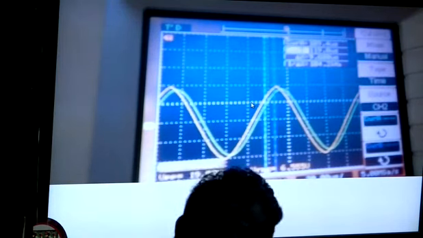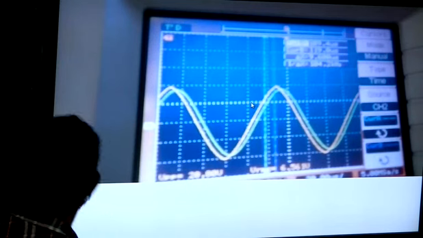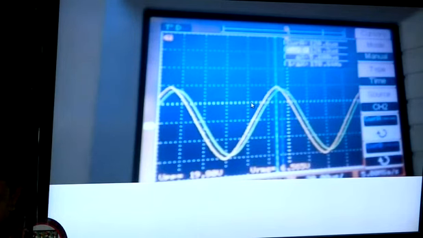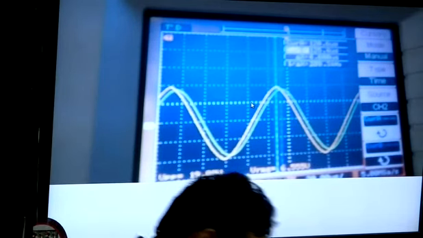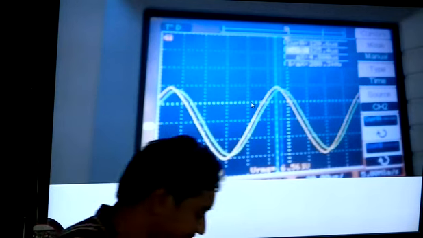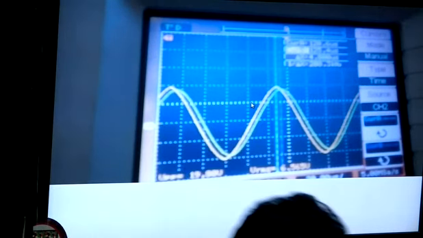Can we try quickly one more thing? We still have 5 minutes. What is the voltage only across L? Can you tell what is the voltage only across L? VL. What is VL?